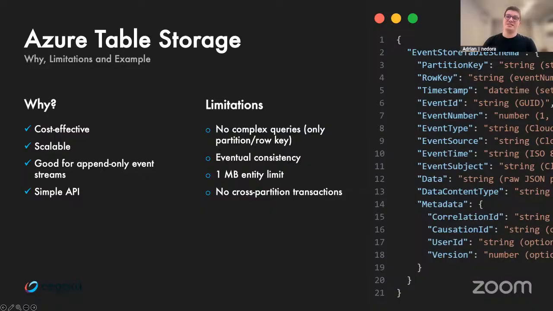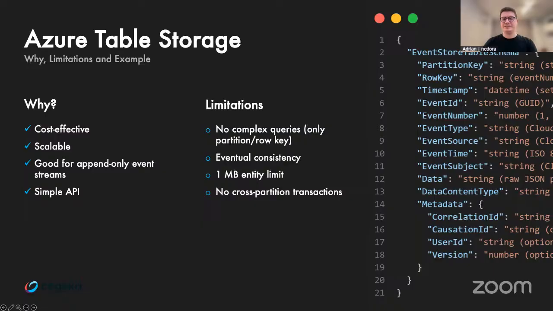This is something that we hit quite soon in our process. There's a 1 megabyte limit per entity, which means that you have to keep your event or snapshot reasonably small. And there are no cross-partition transactions, which influences how you design your aggregates and stream partitioning.